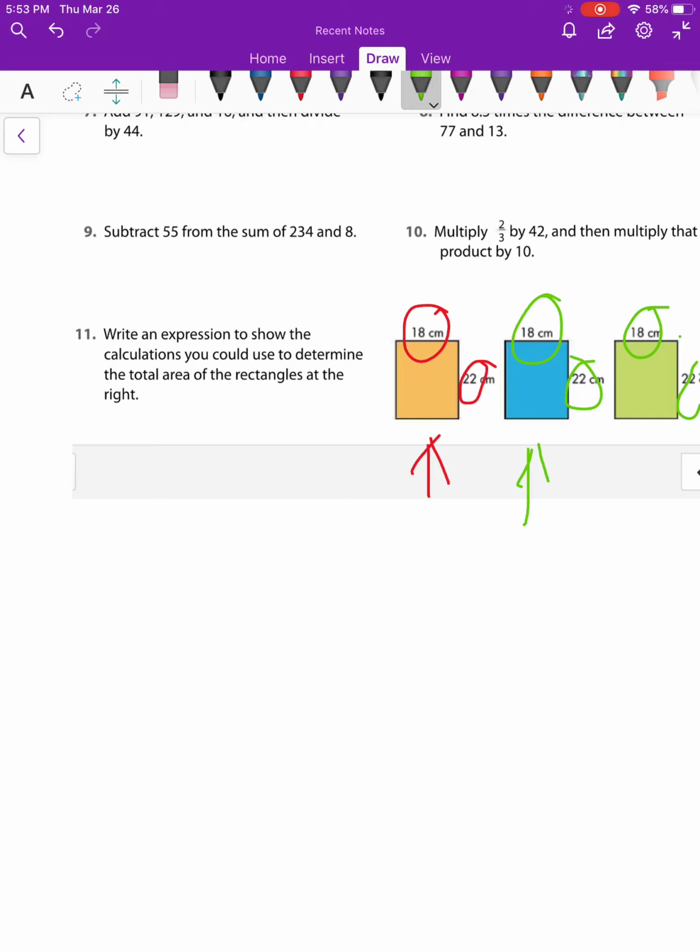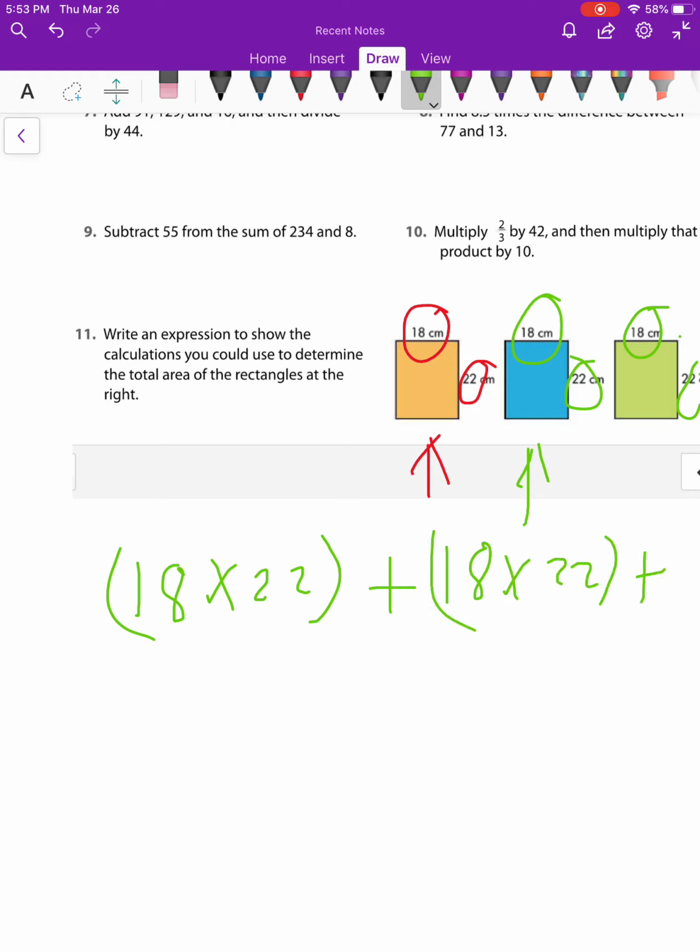We have 2 ways to find the total area. The first one: 18 multiplied by 22 plus 18 multiplied by 22 plus 18 multiplied by 22, and then find the answer. And the other way: we have the same expression.